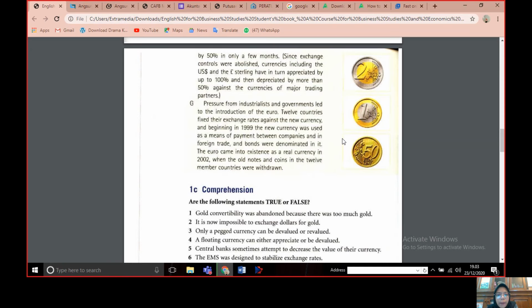The euro came into existence as a real currency in 2002 when the old notes and coins in the 12 member countries were withdrawn.